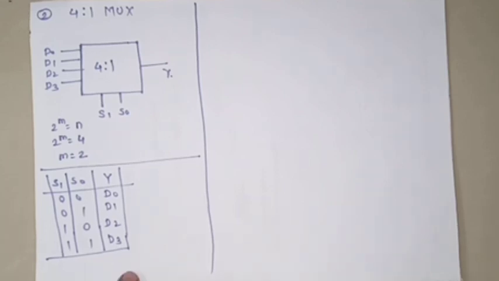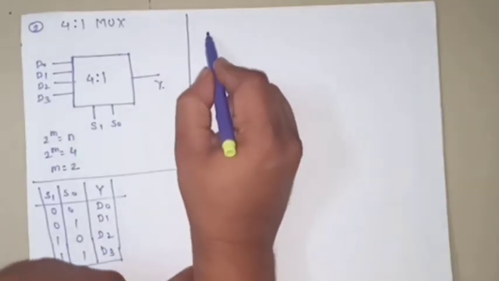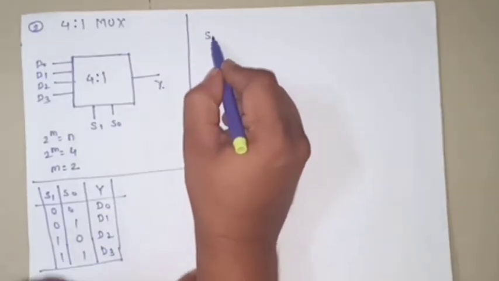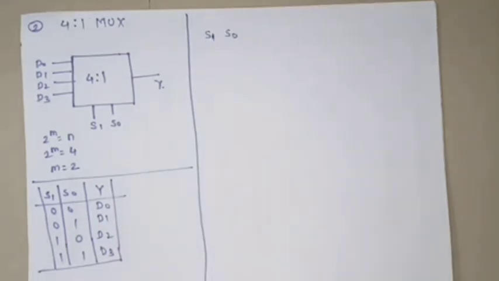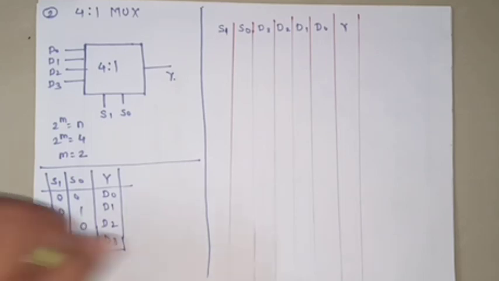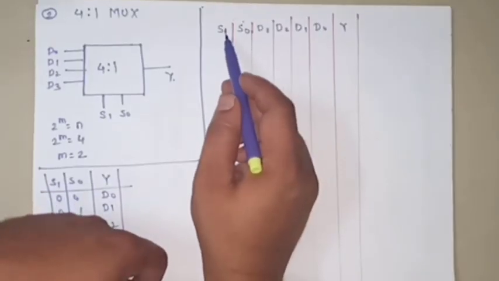Now we will draw the truth table here. First we need to take the select lines, that is S1, S0. In this case we have 6 inputs.